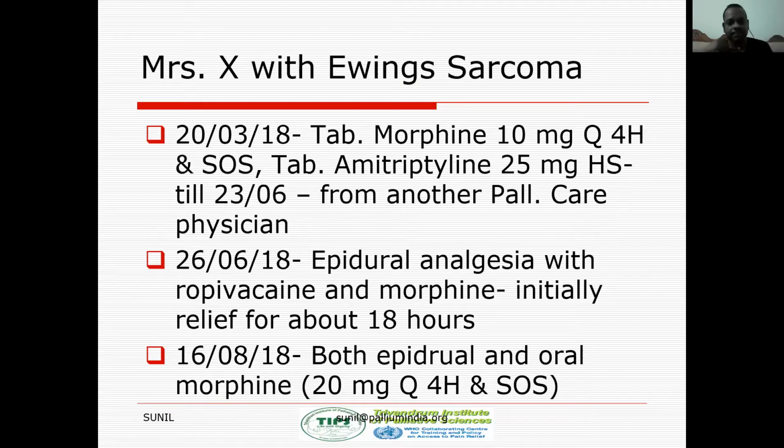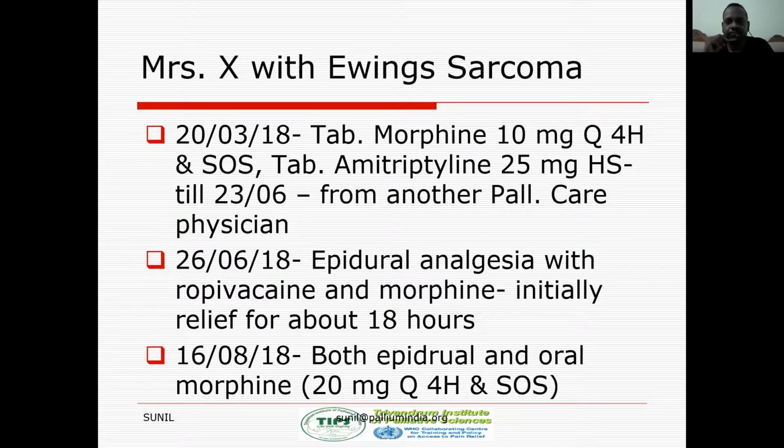On 20th March, the patient was on 10 milligram of morphine and amitriptyline, and they continued till 23rd June. She was coming to us just to get morphine because she was treated by another palliative care physician.